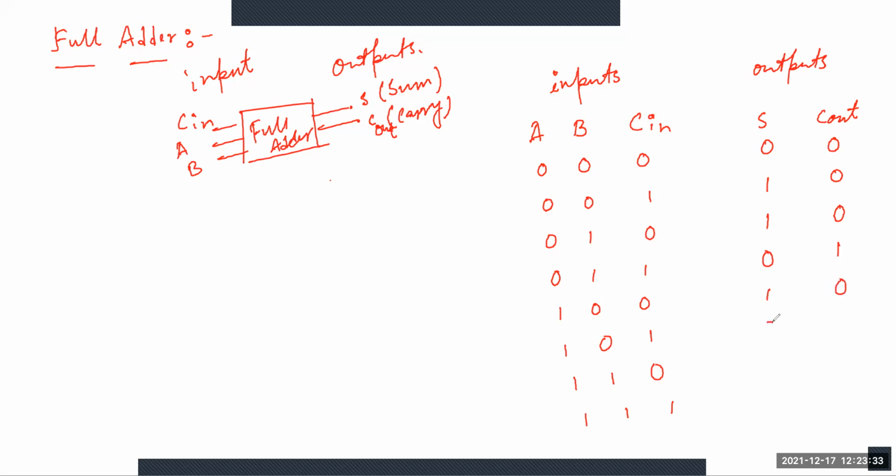Here it is also 0, carry is 1. This is also 0, 1, and this is 1 and 0. Okay, so this is the truth table for full adder.